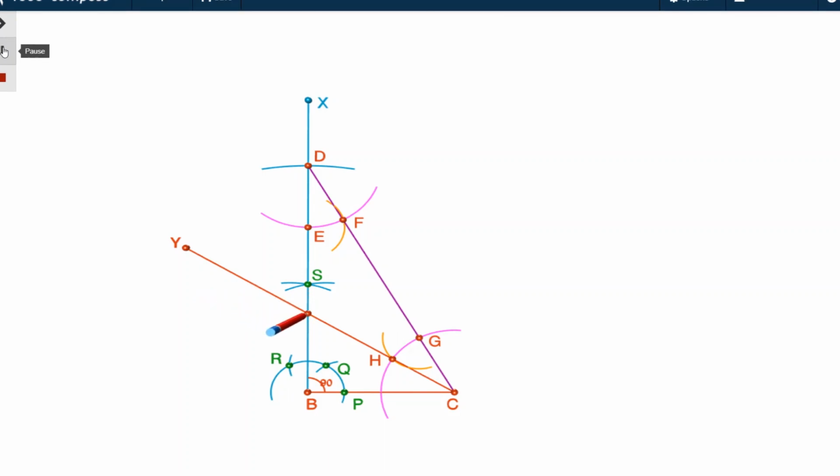So A is the third vertex of triangle ABC. We got BC earlier and A is the third vertex. So ABC is the required triangle where BC is 12 centimeters, angle B is 90 degrees, and AB plus AC is 18 centimeters. So we have got the required right triangle ABC.